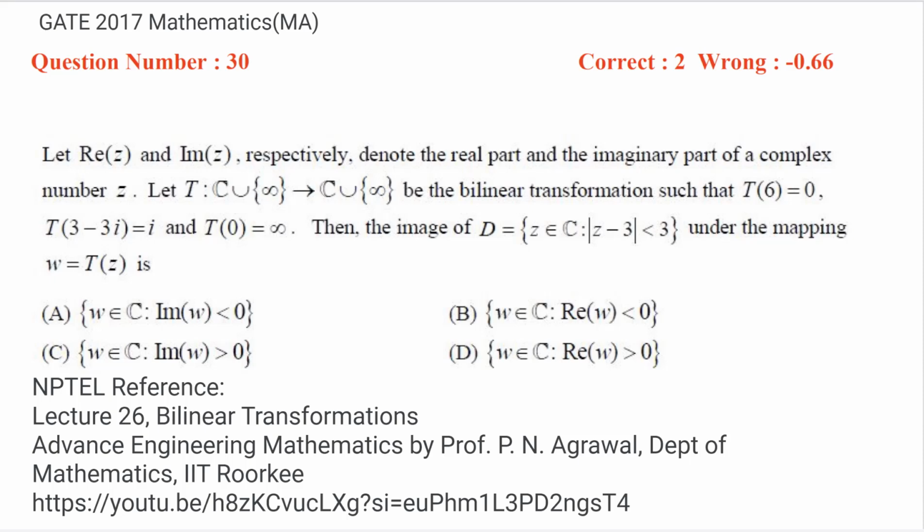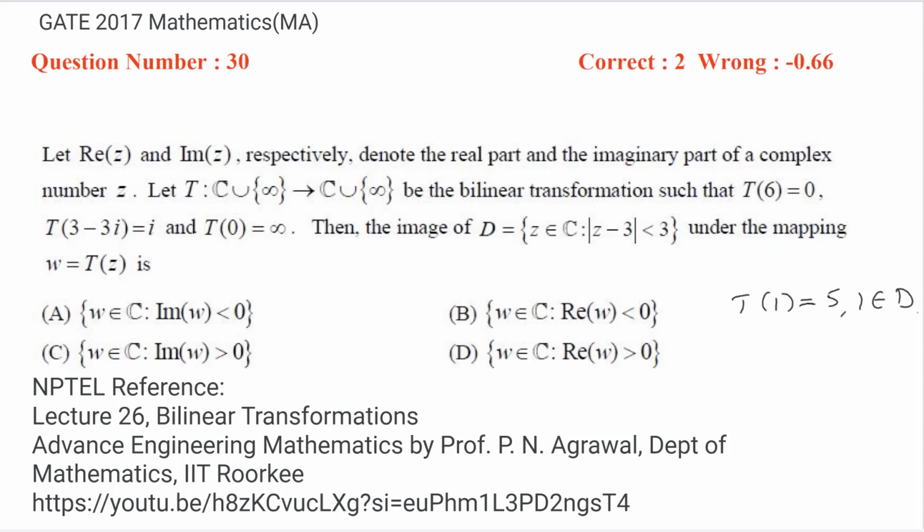T of 1 equals 5, and 1 belongs to D, so 5 is the image of 1 under this map.